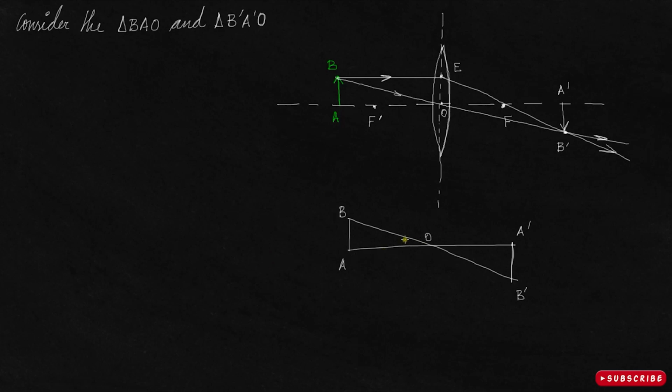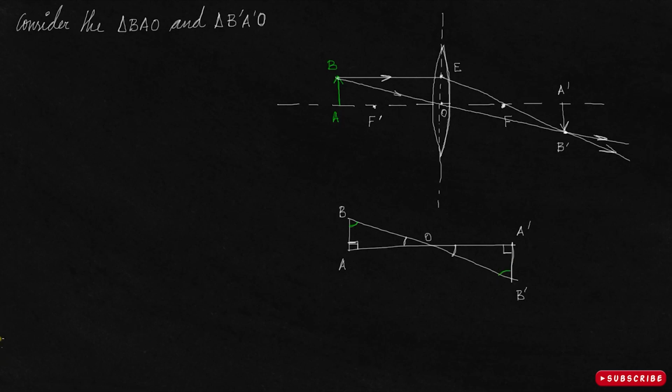And we know this angle is equal to this angle, that is vertically opposite angles. And we usually consider the object as placed perpendicular to the principal axis. So this will be 90, so this also will be 90. And we know if two angles are equal, the third angle will also be equal.